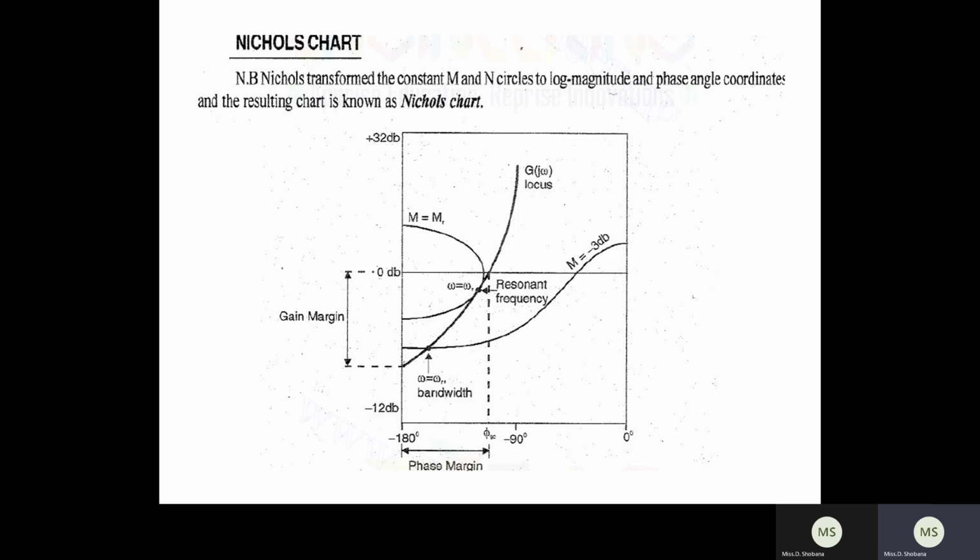If this G of j omega locus tangentially intersects any M circle, the corresponding M value is nothing but your resonant peak, and the frequency at that point of intersection is your resonant frequency. Then in the M circles, the minus 3 dB circle will be available. If that minus 3 dB circle intersects the G of j omega locus, the corresponding frequency is nothing but your bandwidth.